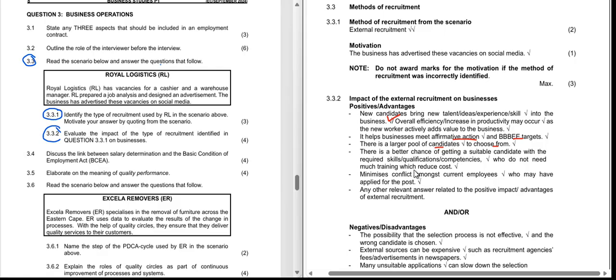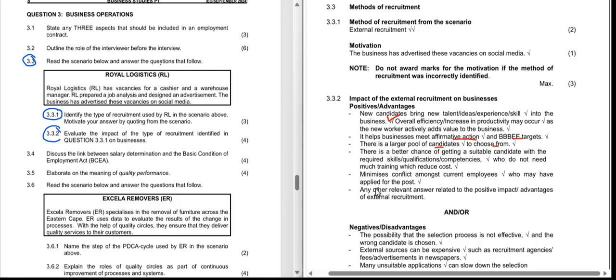And then there is a better chance of getting suitable candidates with the required skills. Exactly. When you employ someone internally, sometimes the people that are already working there might not have the exact requirements that you're looking for. But when you look for someone outside, there's a lot of people there. The chances are so high that you get the person that you are really looking for.